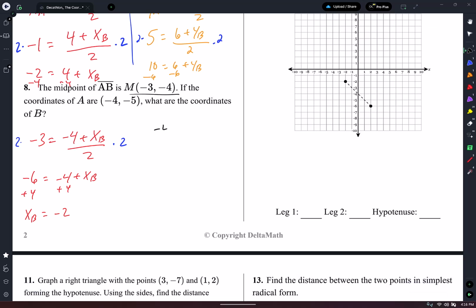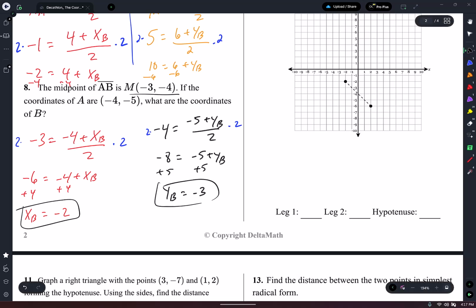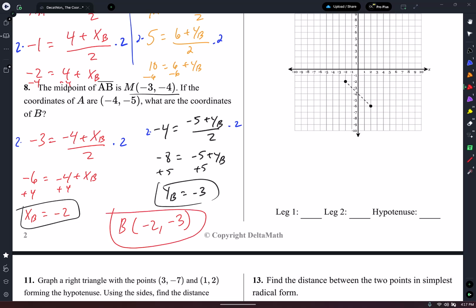So I'm going to go negative 4, that's the midline, equals negative 5 plus y of b, divided by 2, times 2, times 2. So now I have negative 8 equals negative 5 plus y of b, plus 5. y of b equals negative 3. There it is, guys. I got my x of b, I got my y of b. So where is B? B is at negative 2, comma, negative 3. Do you see how we did it, guys?